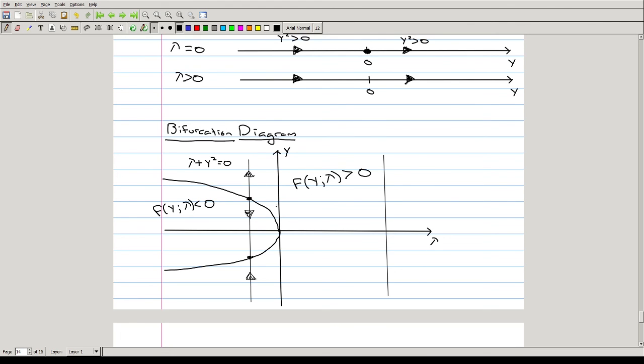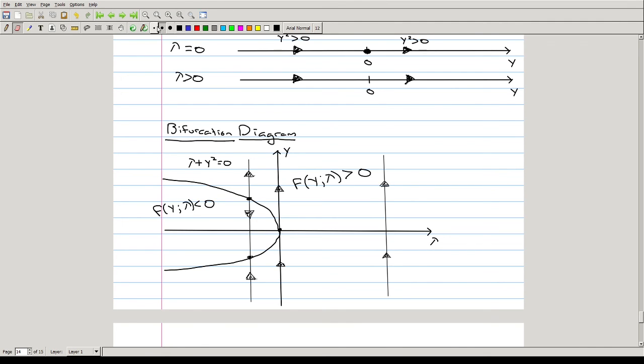Then for lambda equals 0, the rate of change is positive here, y prime is positive here, and it's positive here. So when lambda equals 0, we have an unstable critical value here. And then lastly, for any positive lambda, there are no critical values or equilibrium values of this ODE.